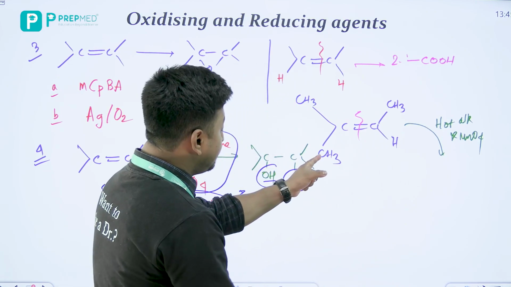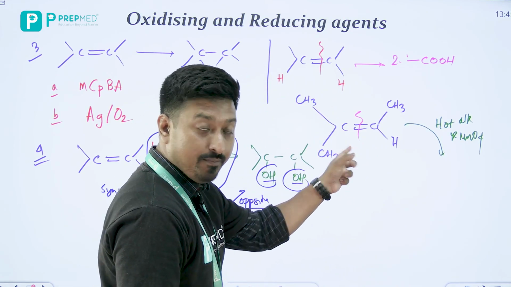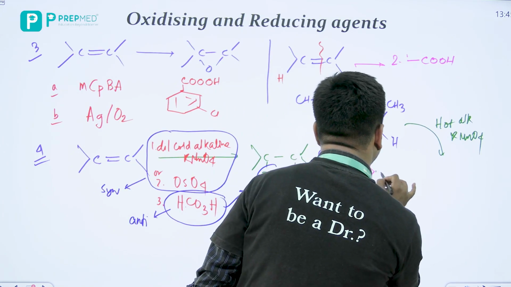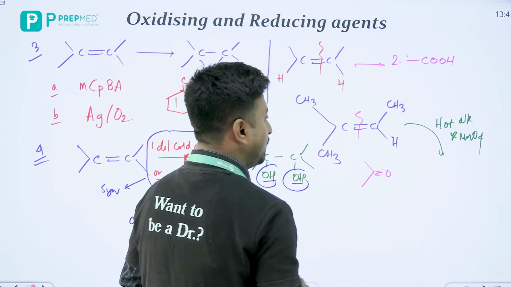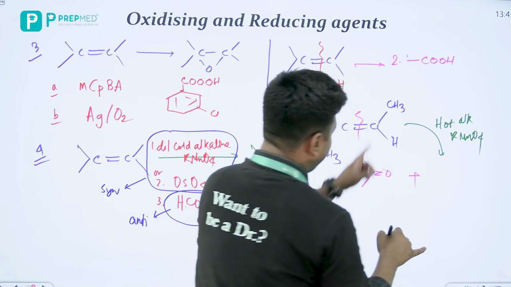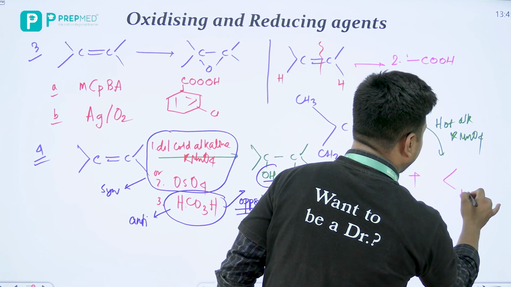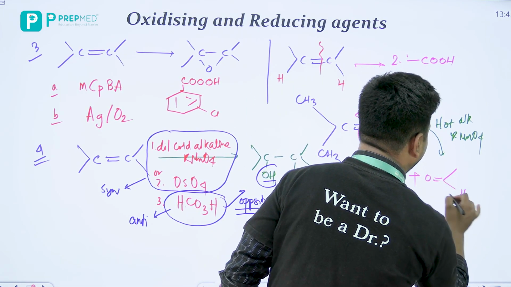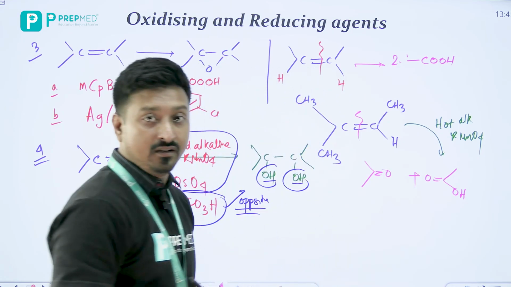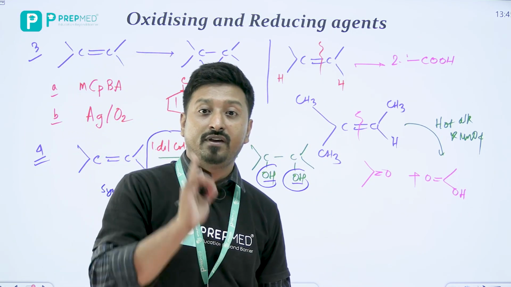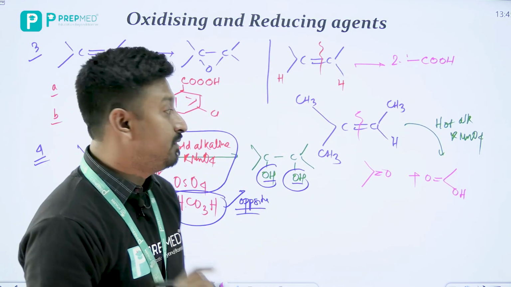But since there is no oxidizable hydrogen present here, this will simply be converted into the carbonyl ketone compound, and this one will be converted into the aldehyde and then further oxidized to the acid. This is a very, very important point which I am trying to mention.